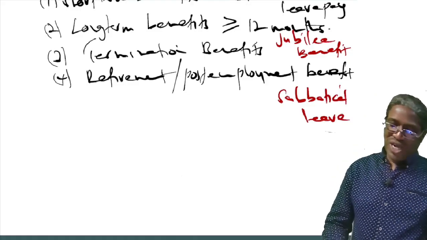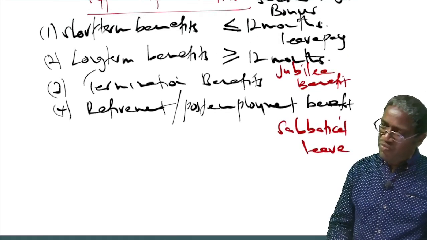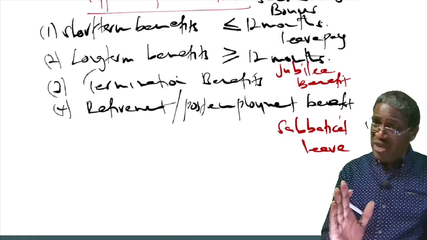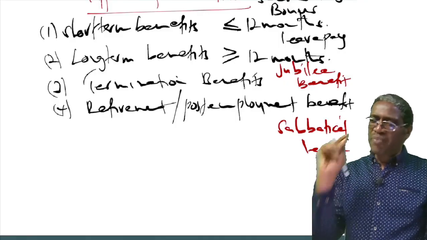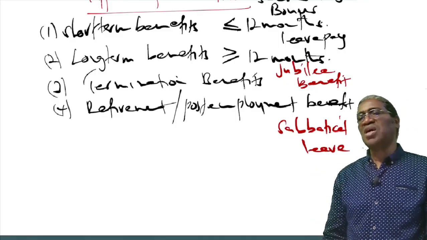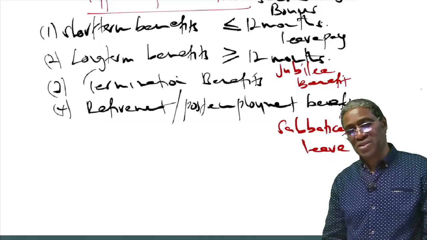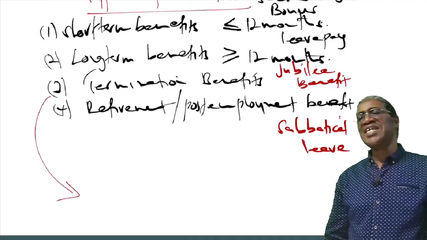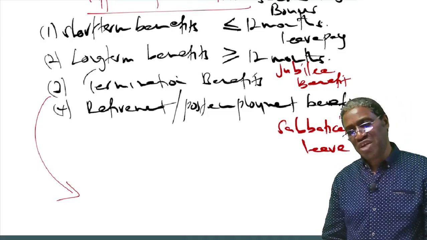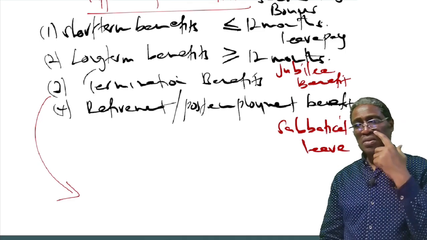Good. That is another type of benefit. It's a long-term benefit, that benefit that accrues to you as an employee for a period exceeding 12 months after providing a service. We go to number three, and that is a retirement benefit. Retirement benefit.